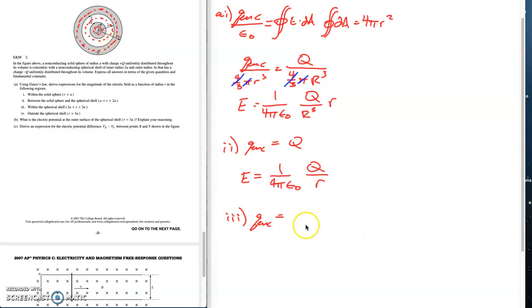So our enclosed charge is going to be all of the inside and then part of the outside, and the outside is negative, so we're going to have a minus sign here. So this is going to be the ratio of, this is a nuisance.